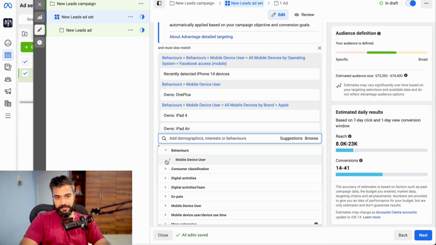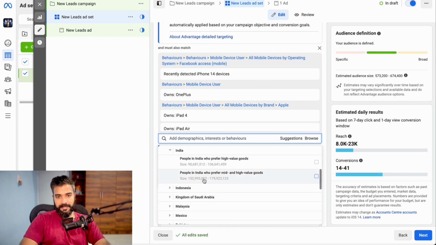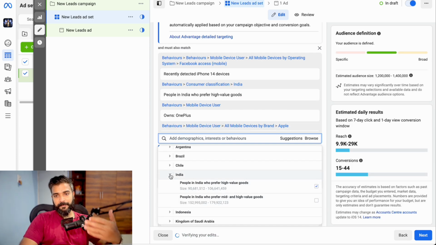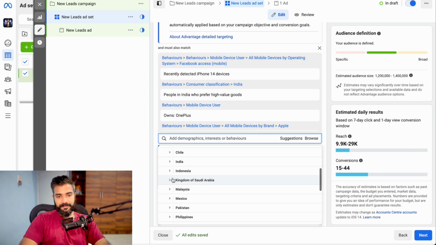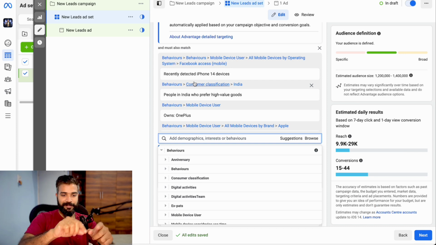Consumer classification is a pretty good one. We go to India and select people in India who prefer high value goods. This one, first one. This will bring up people who buy high ticket stuff. Then we don't need anything. You can also target internationally if you want, you change the location.